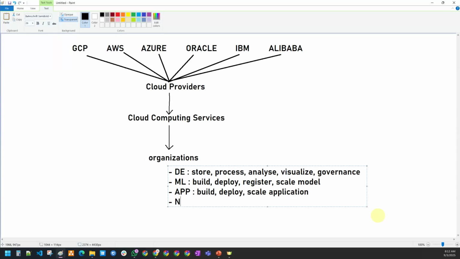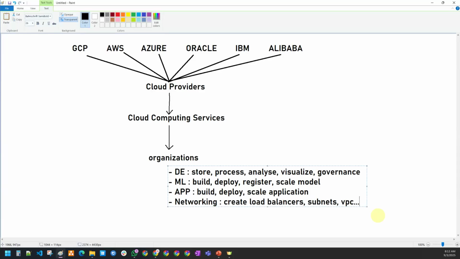Similarly, the networking team can create the networking components, such as load balancers, subnets, vnets, and VPCs. If you wanted to set these things up yourself, it would take a lot of time.